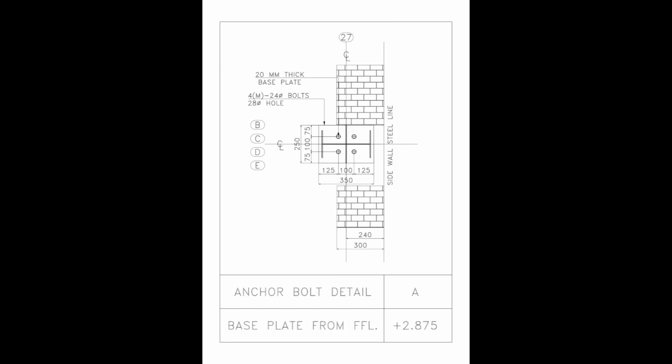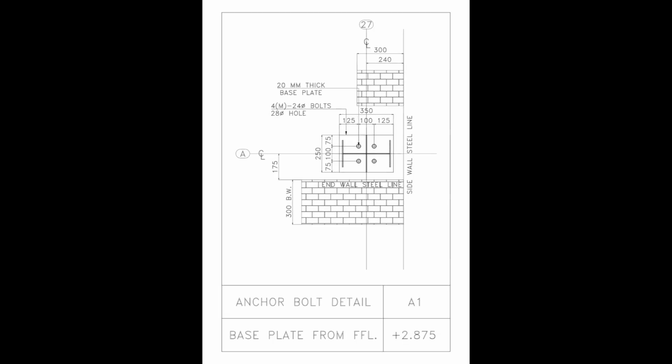The bolt spacing is clearly dimensioned, and the surrounding wall position is also shown relative to the sidewall steel line. The base plate level for this detail is plus 2.875 meters from finished floor level. This detail allows the site and fabrication teams to correctly position the column and its supporting connection relative to the wall construction.